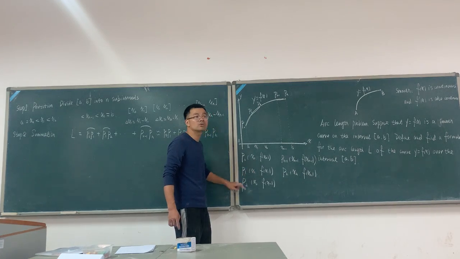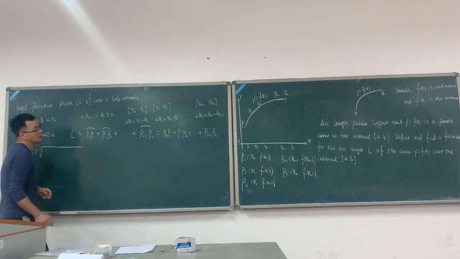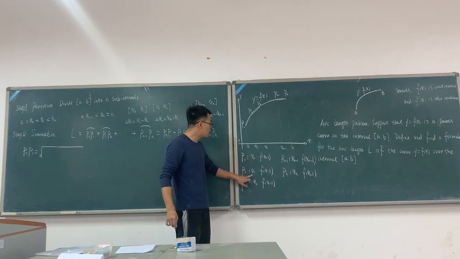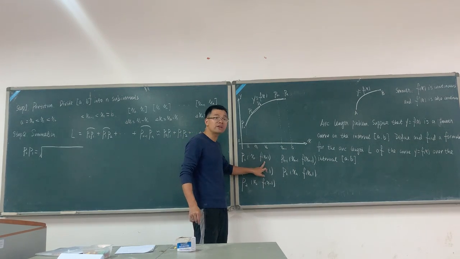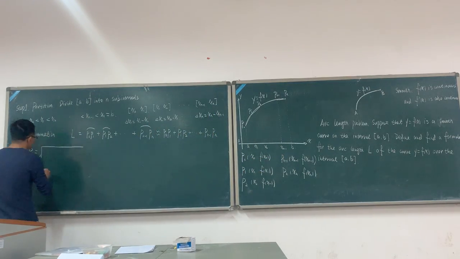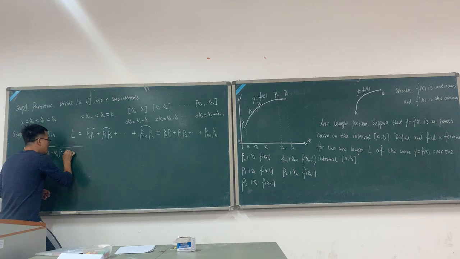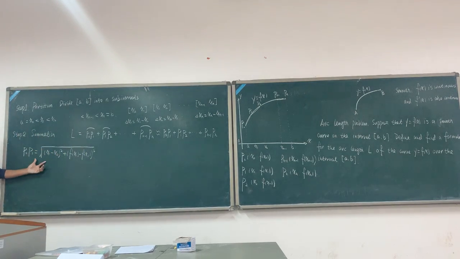So P0P1 equals the square root of (x1 minus x0) squared plus (f(x1) minus f(x0)) squared. Take the square root.